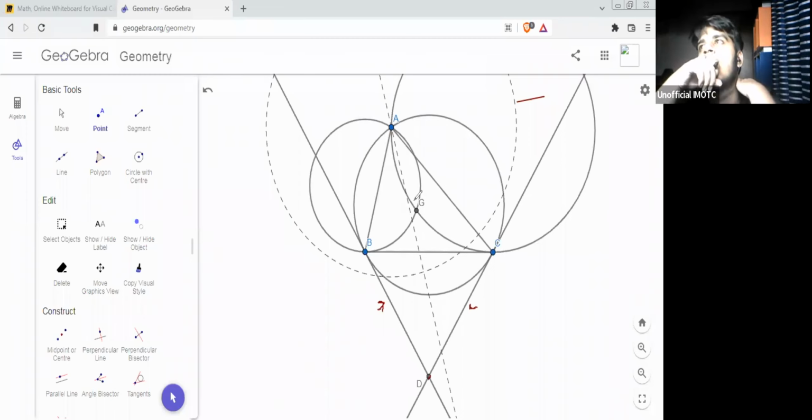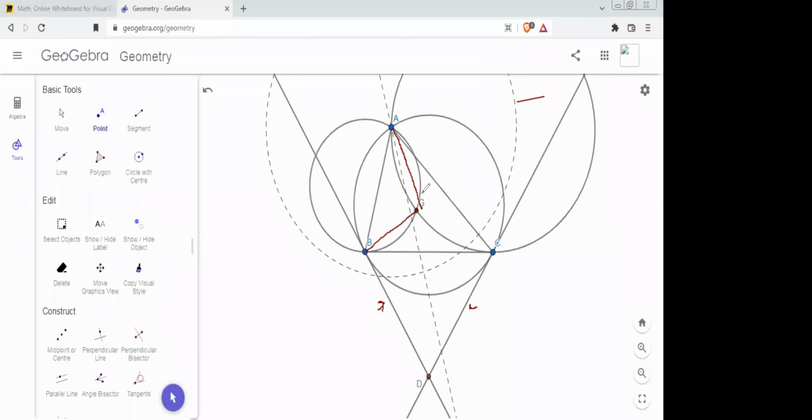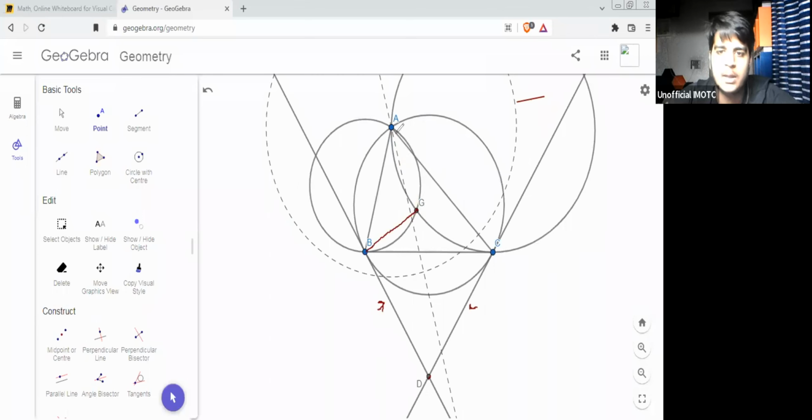Okay, I also need to think of a proof. It should be angle chasing only, I guess. See, it lies on the median, that we can do. Yeah, I got that it lies on the median.